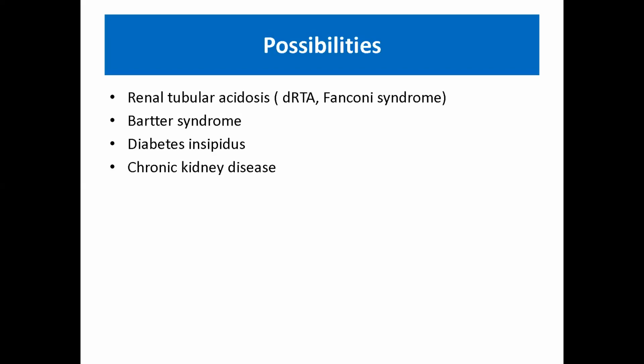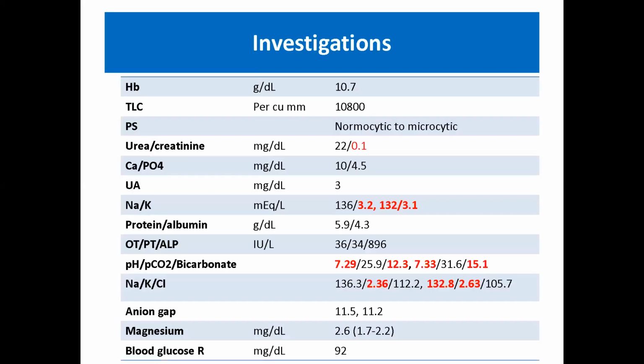With these possibilities, we evaluated the infant, and the routine hemogram was okay. It was also done to rule out sepsis, but nothing was forthcoming. Important to note that GFR was preserved, so chronic kidney disease was ruled out at this stage. His electrolytes continued showing borderline hypokalemia with potassiums of 3.2, 3.1.